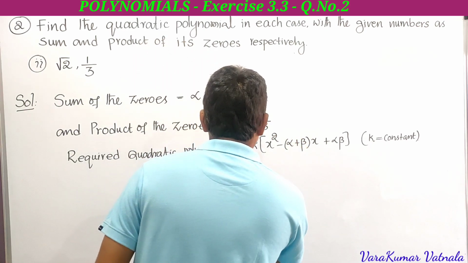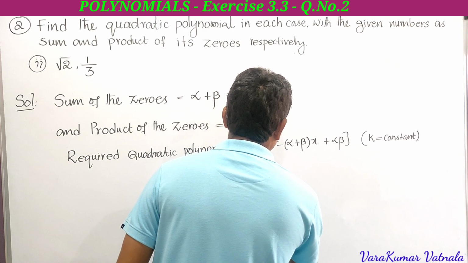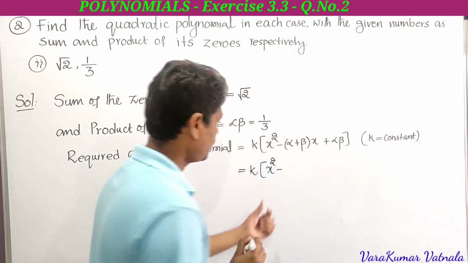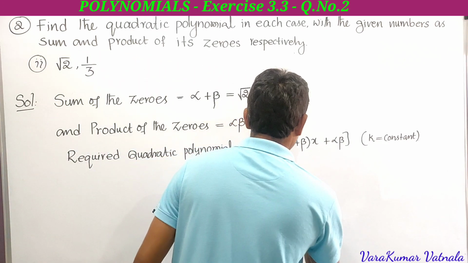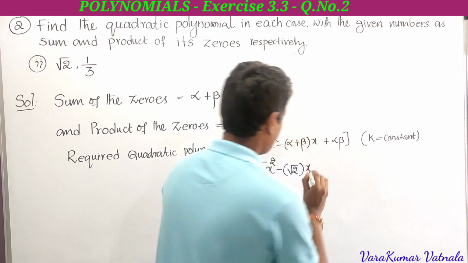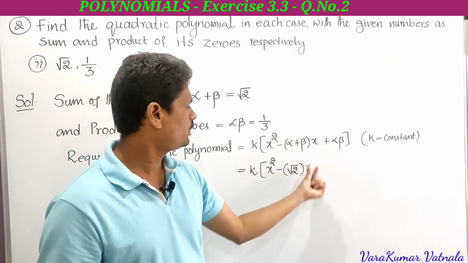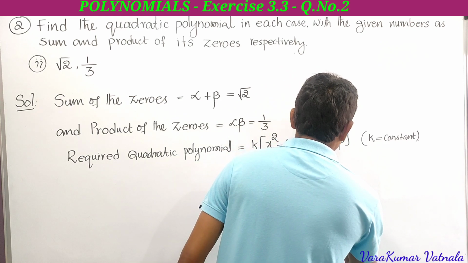See here, write k into x square minus alpha plus beta, which is root 2. So I am writing root 2 into x. Alpha plus beta is root 2 into x plus alpha into beta. So alpha into beta is 1 by 3.